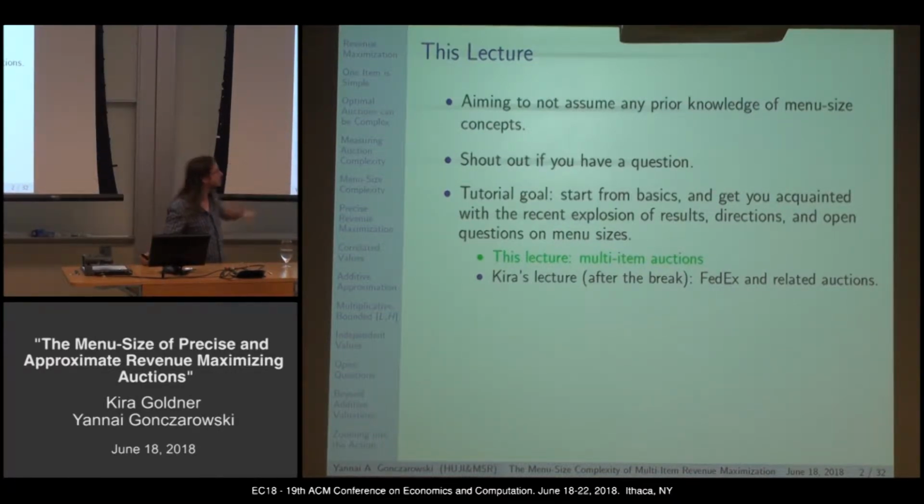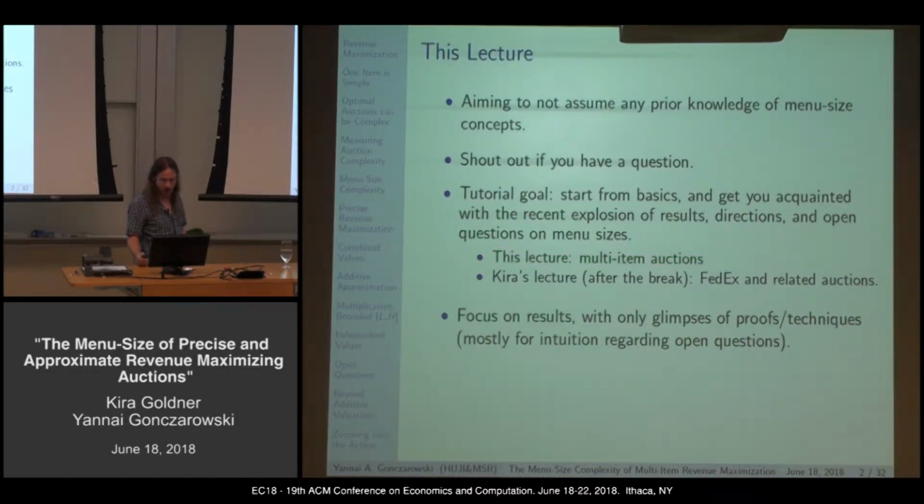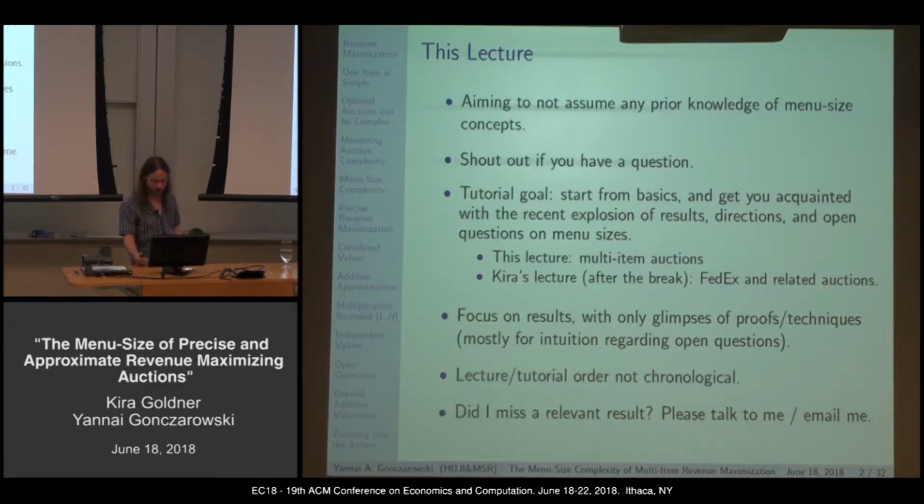As I said, this lecture is going to be about multi-item auctions. The next lecture is going to be about FedEx and related auctions. No familiarity with these auction formats needed. And I'm going to focus mostly on results, with only glimpses of proofs and techniques wherever I need them to make a certain point about an open question or about some research direction.